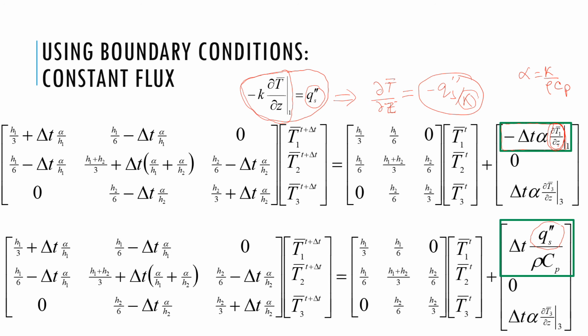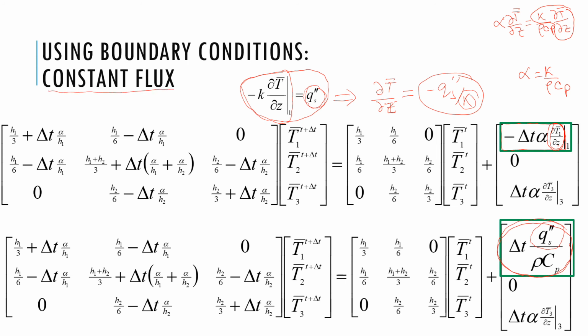Or we can even show that in here: alpha del T del Z is equal to K over rho Cp del T del Z, like I said. So this part of it is equal to Qs, or rather the negative of Qs. So we plug in, and then this part is now known. That's how we do the flux specified boundary condition.